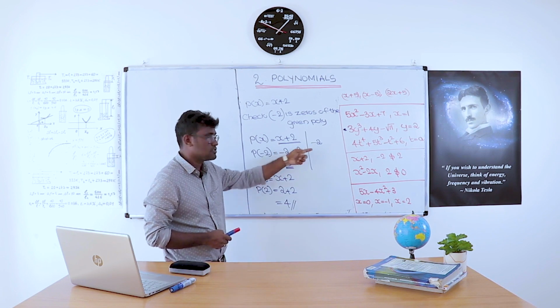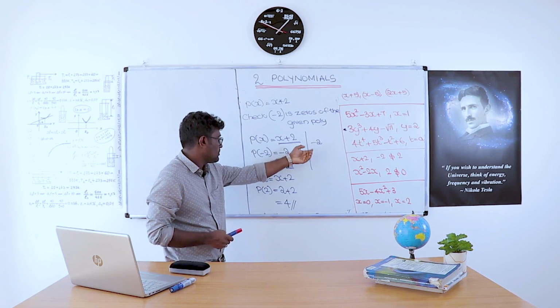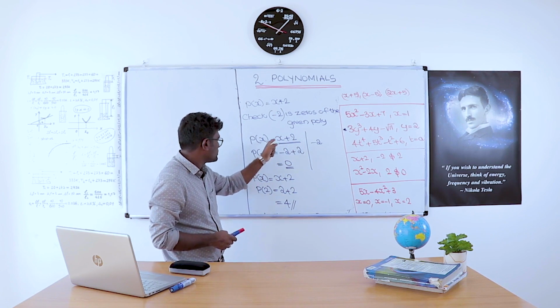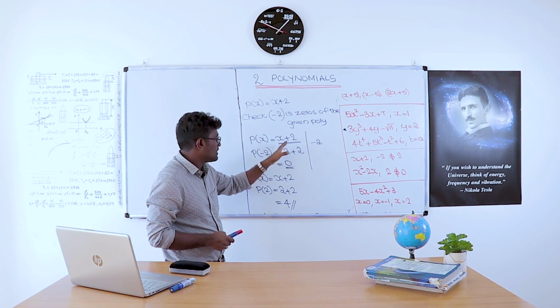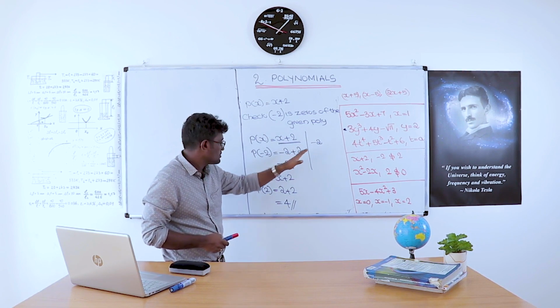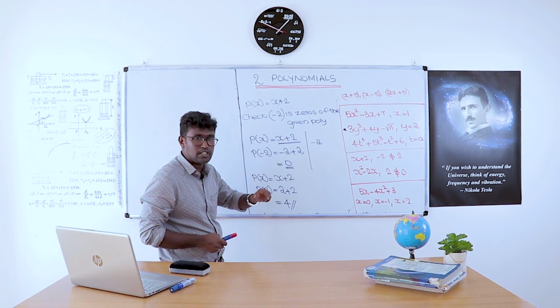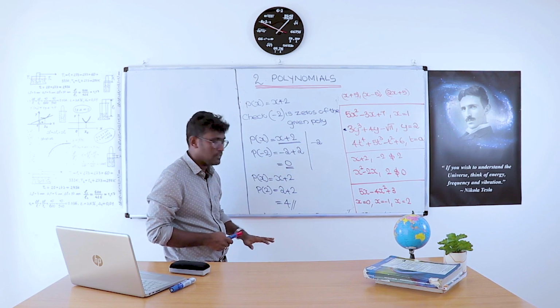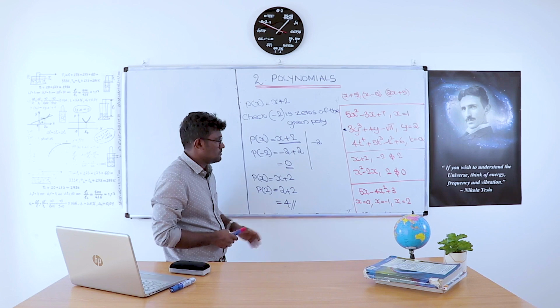So here minus 2 is a zero of the polynomial, which means whenever we give minus 2 in place of x, the value of the polynomial tends to 0. This is a zero of the polynomial, and 2 is not.